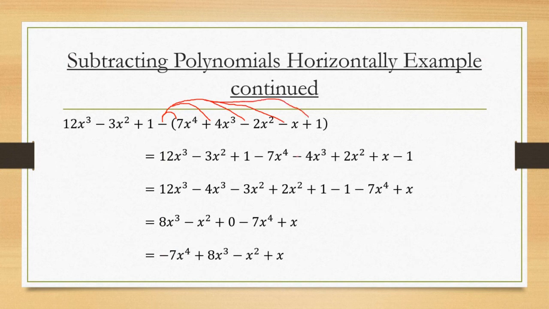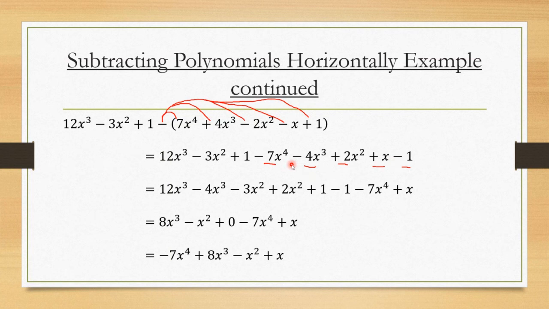That's how we get what's here. We got minus 7x to the 4, minus 4x cubed. Minus a minus is a plus. Minus again, that becomes plus. Minus plus becomes minus 1, as you can see. So that's what we end up with here.